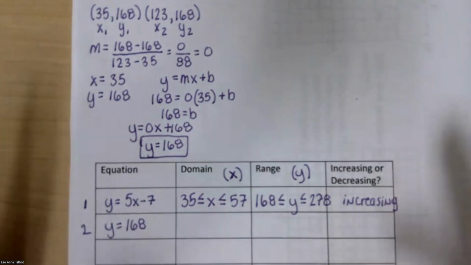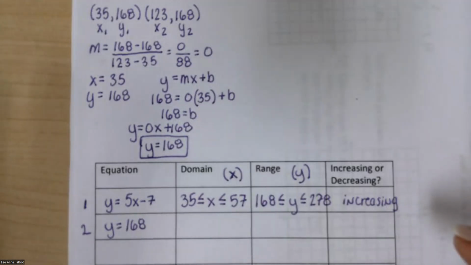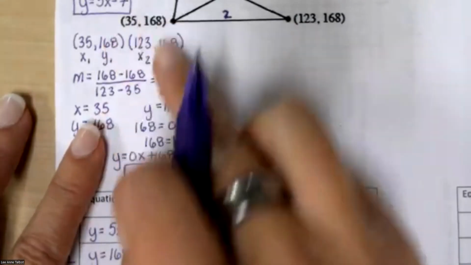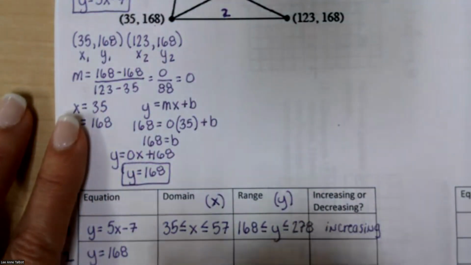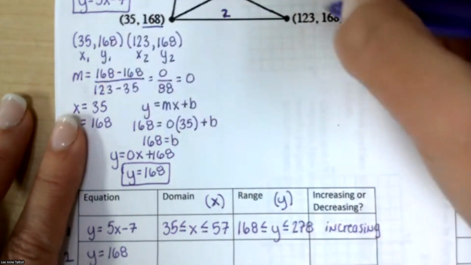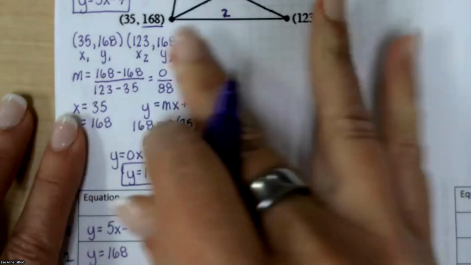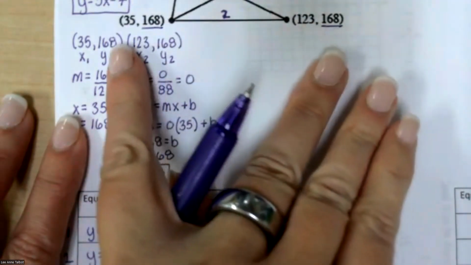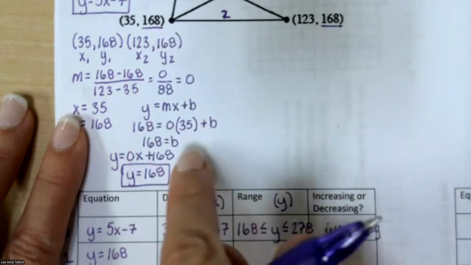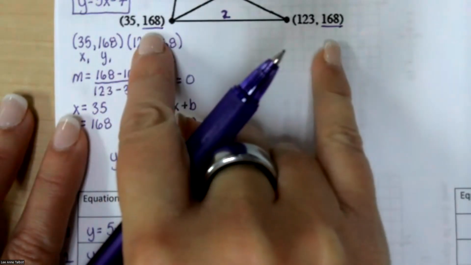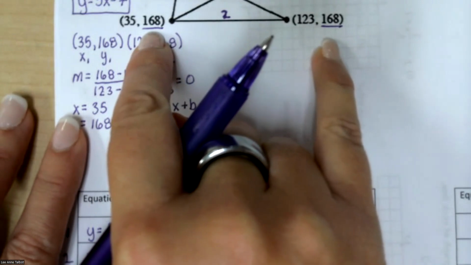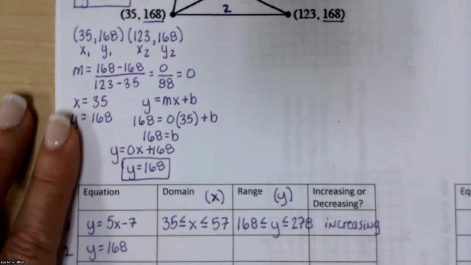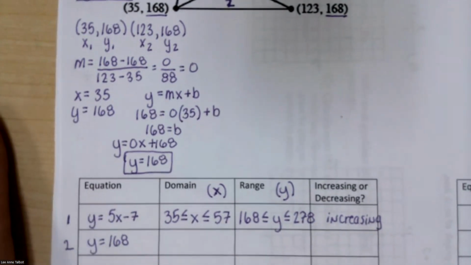If you're somebody who's observant with numbers, you can skip all of this work and say, oh, that y equals that y, so y is 168. You could skip all the way from here to here just if you can notice that the 168s match and that they're y's.